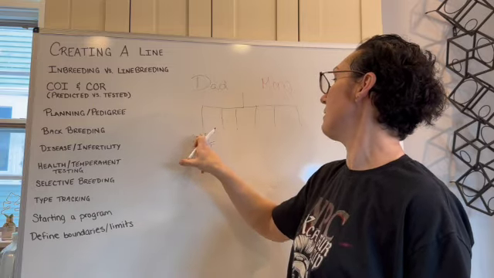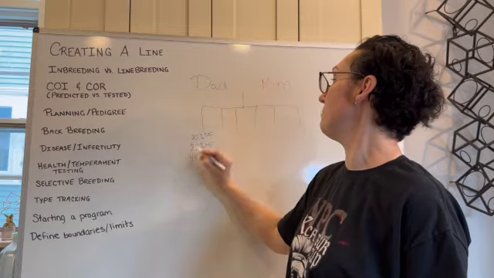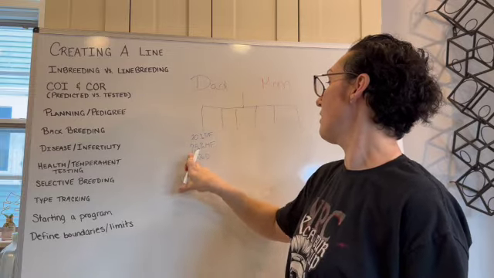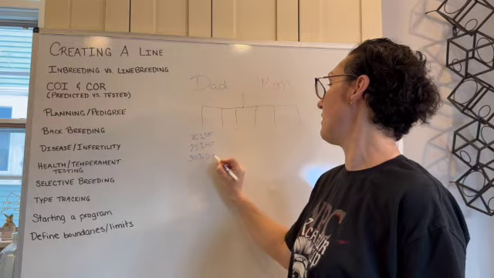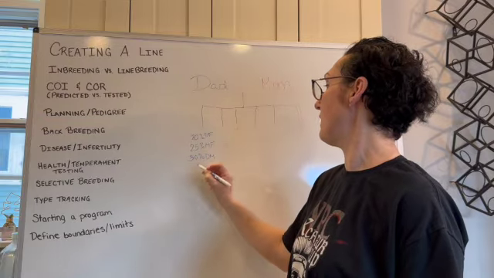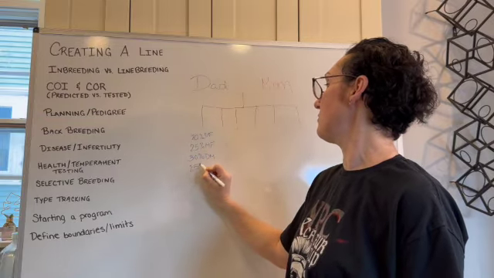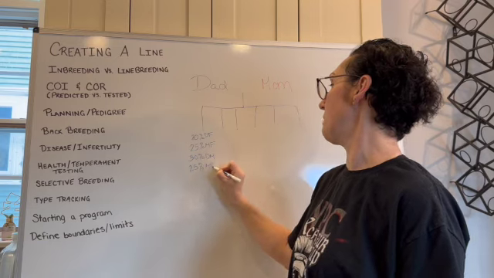I'll just make this 20% from dad's father, 30% from dad's mom, and then 25% from mom's mom.